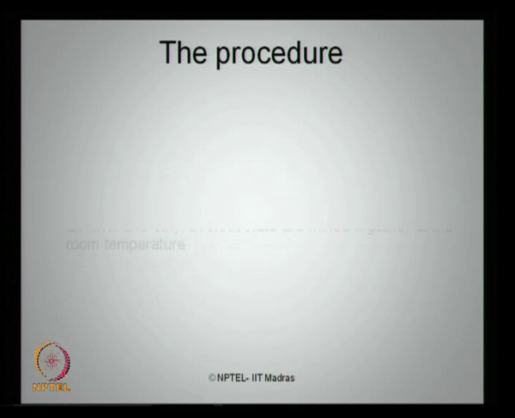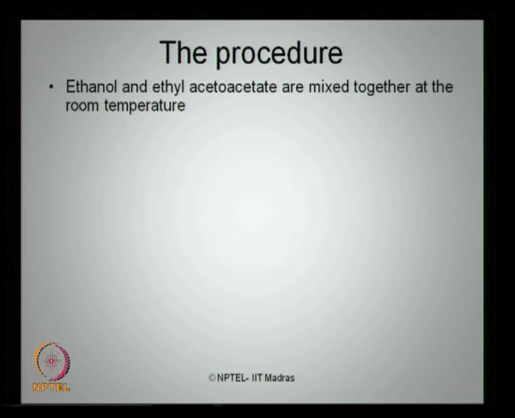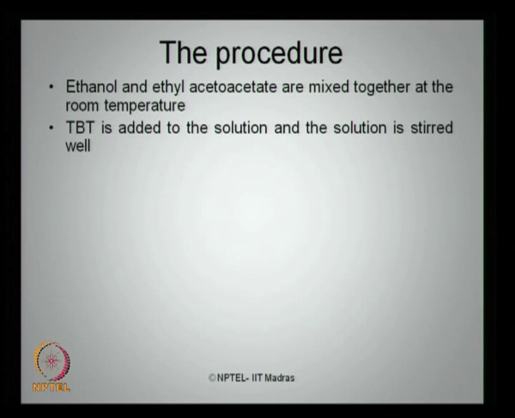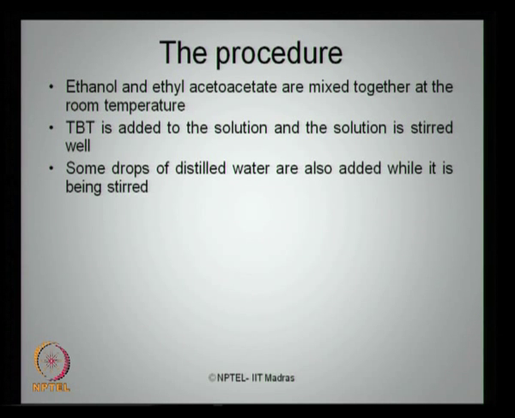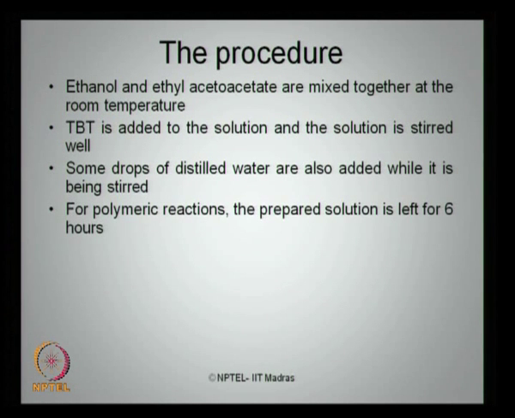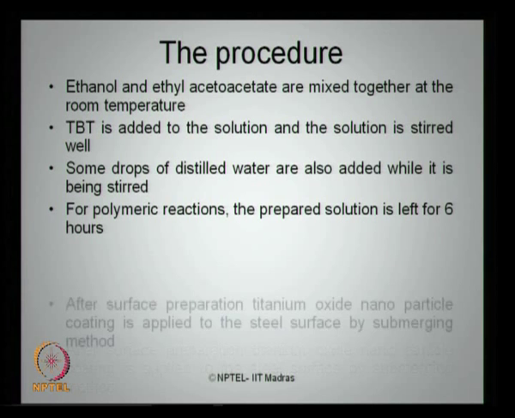How is this done? Ethanol and ethyl acetoacetate are mixed together at room temperature. TBT is then added to the solution and the solution is stirred well. While stirring is taking place, some drops of distilled water are also added during this process. For polymeric reactions, the prepared solution is then left for about 6 hours.